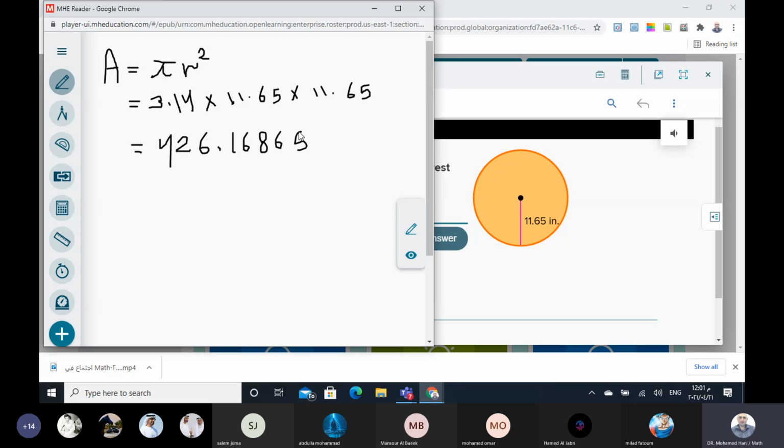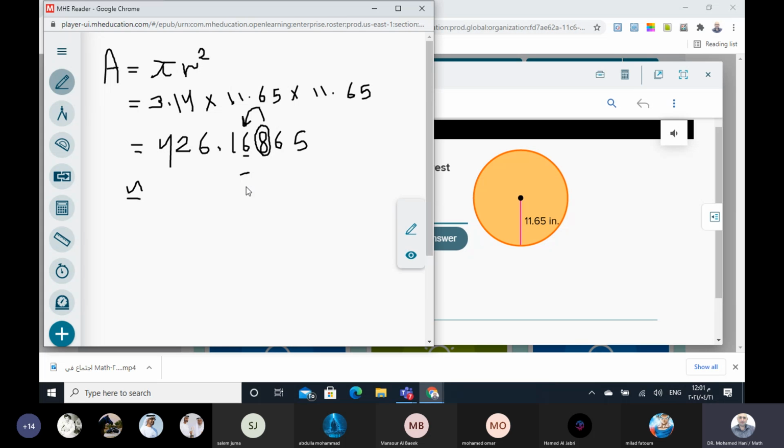This is exact. If you want to round to the nearest hundredths, this is the hundredths. Look to the right number: 5 and up, add 1 to the hundredths digit.